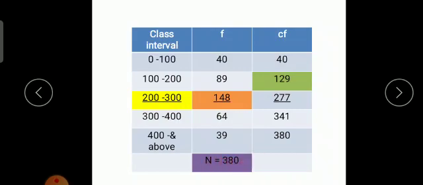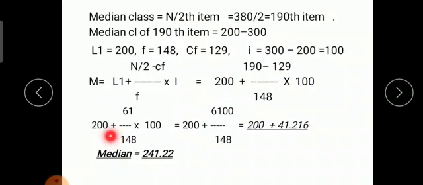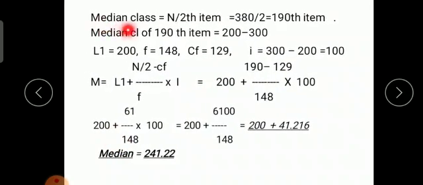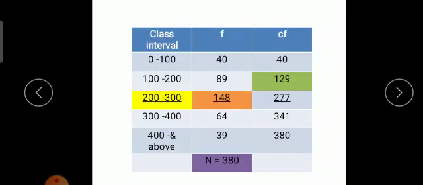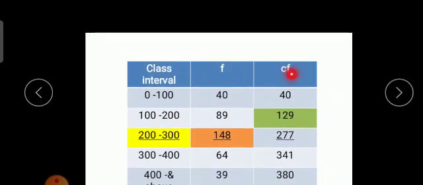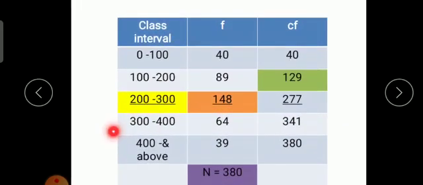I will show you how we will calculate it again. Here we will begin with the problem. The median class we need to find first. The N upon 2th item, where N, the total number of frequencies, is 380, divided by 2, gives the 190th item. Now just see, the 190th item is located through the cumulative frequency column.